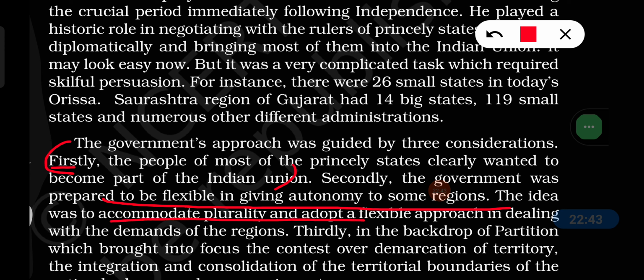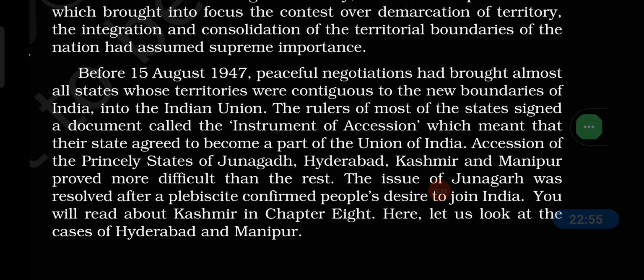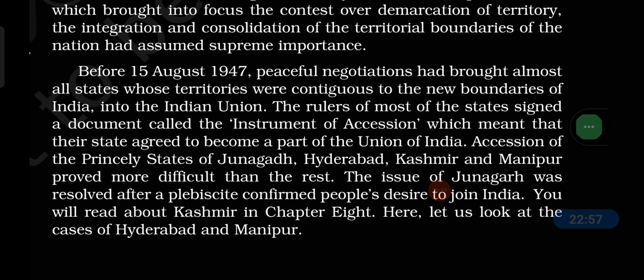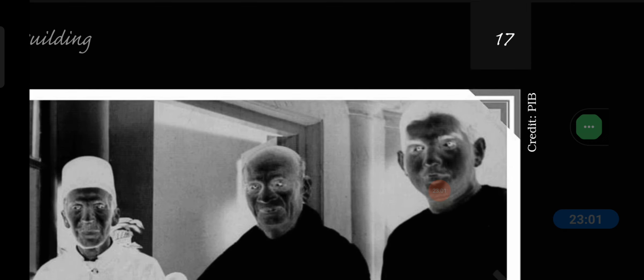Third was the backdrop of partition, which brought into focus the contest over the demarcation of territory. So these are the problems. Most of the princely states merged with India by signing an agreement, also known as the instrument of accession. Here is the picture.